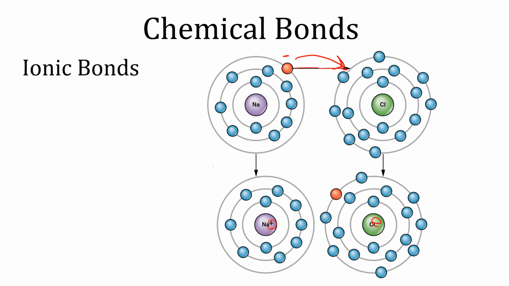So this one's got 1 more electron, this has got 1 less electron. And because now these have two different charges, they are attracted to one another. Positive and negative charges want to come together. And so it brings these two atoms together. This is called an ionic bond because it's a bond between what we would call ions. And an ion is an atom with an electrical charge to it.